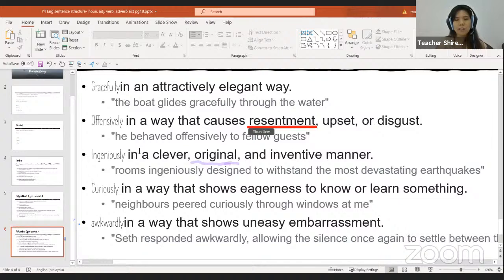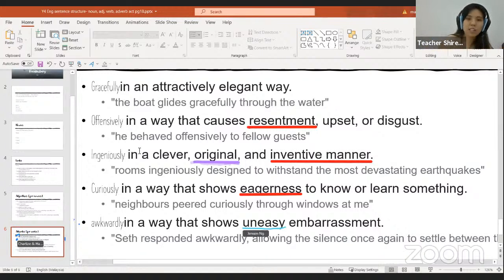Resentment. Resentment is like, how to say, sad. Resent is like you regret something, then you're very sad. Original. Original means it's not copied from everyone. It's inventive manner means that person created themselves.